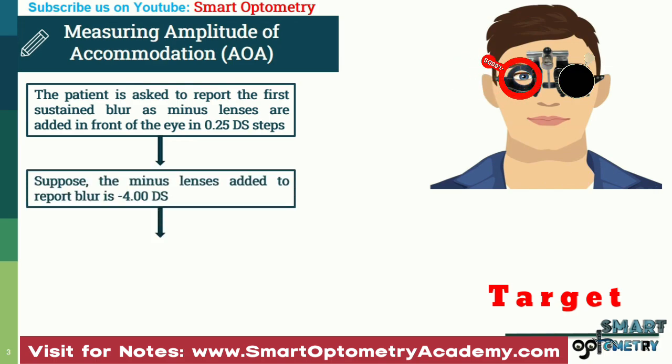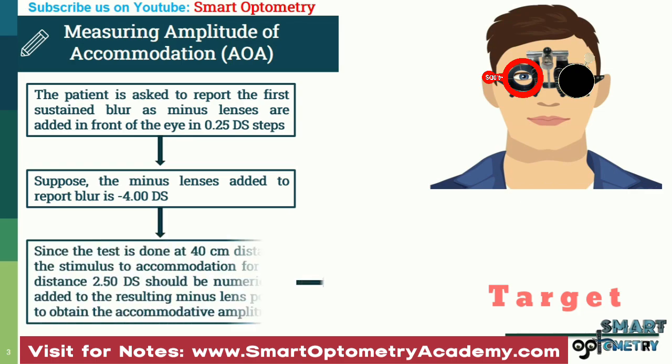Now suppose the minus lens added to report first sustained blur is minus 4 diopter. That means with the minus 4 diopter, the patient is able to appreciate the first sustained blur.